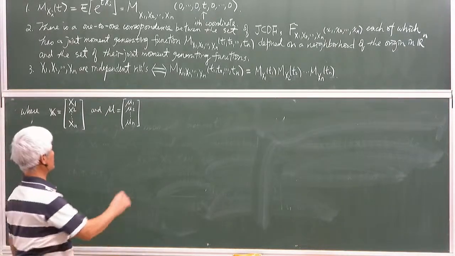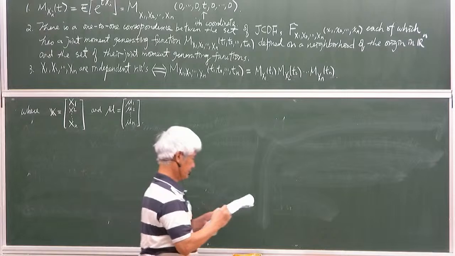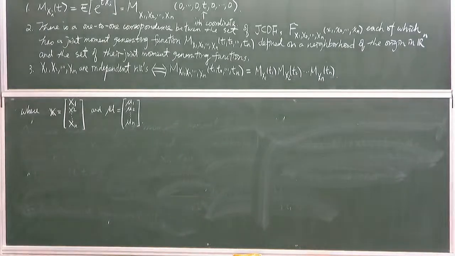So now we are able to express the covariance matrix as the expectation of the product of the random vector minus its mean and the transpose of that vector.